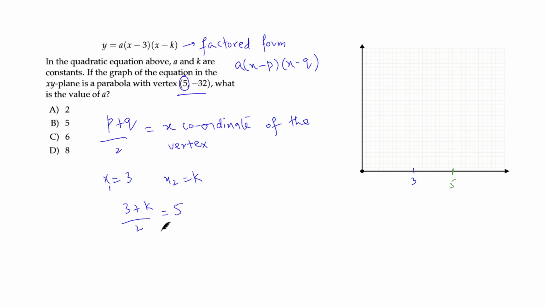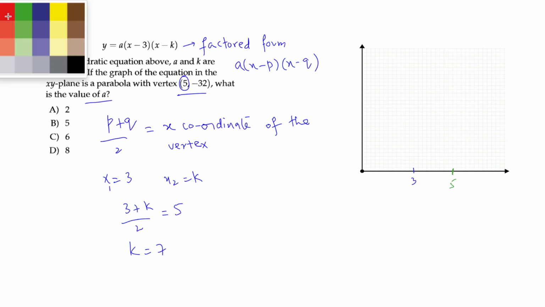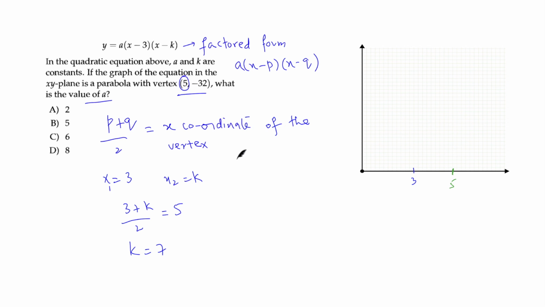There you go. So the first thing is to calculate k, which comes out to be 5 into 2, 10, minus 3, 7. But we are not done yet. Please look at the target answer. What is the value of a? Now our equation basically looks something like this. We have y equals a into (x minus 3) into (x minus 7). Let's now plug in this point into the equation to find out our answer, that is a.